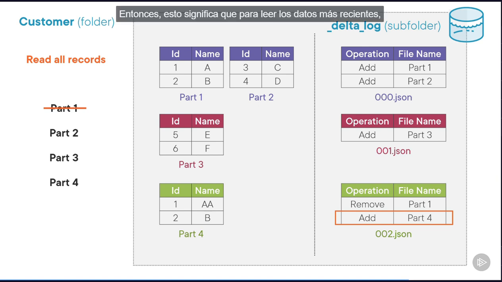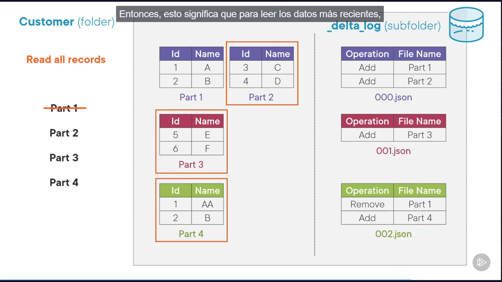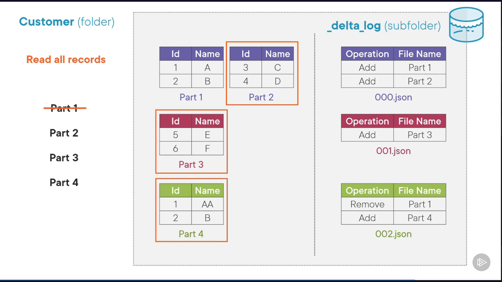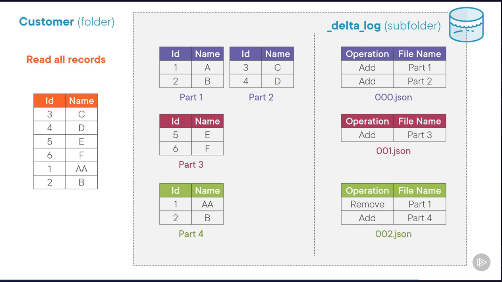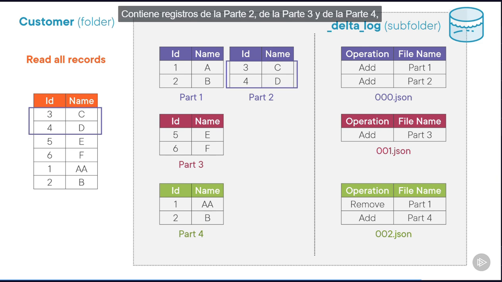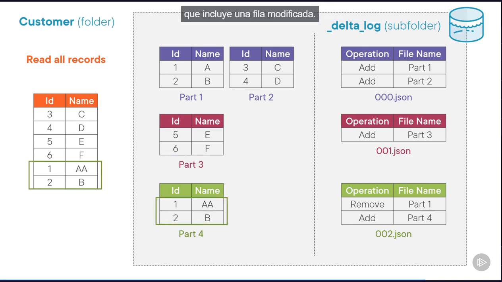So this means to read latest data, you need to read part 2, 3 and 4. Now based on this, the final output is prepared. It contains records from part 2, from part 3 and part 4, which includes a modified row. So that's how transaction log of Delta Lake is used to read and write the data.